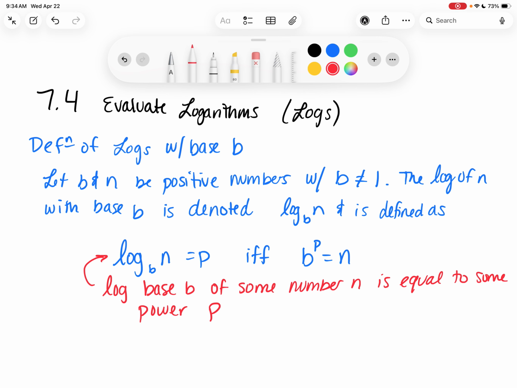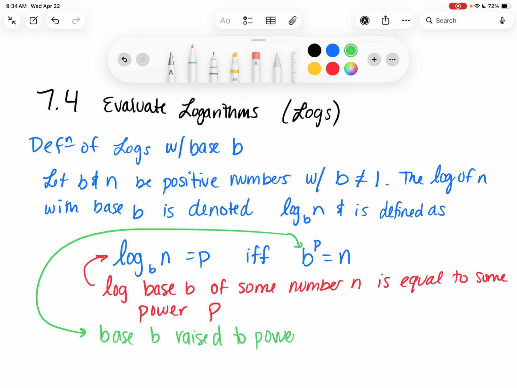This is going to be the same phrasing that I use with how it gets rewritten. The green arrow says base b raised to power p is equal to some number n. Where did my phone go? It's in my pocket. Love it when that happens.